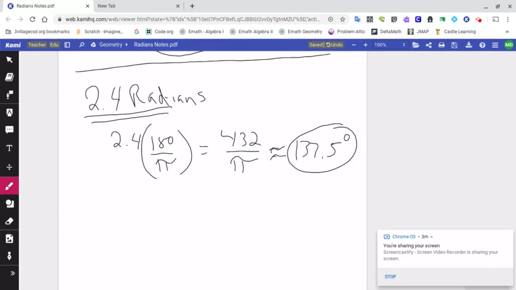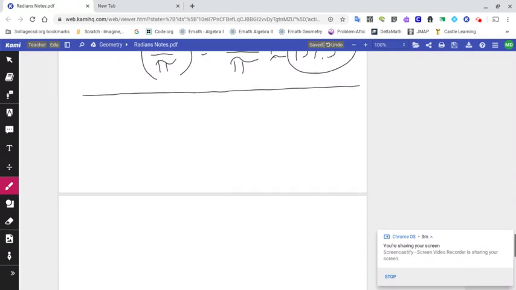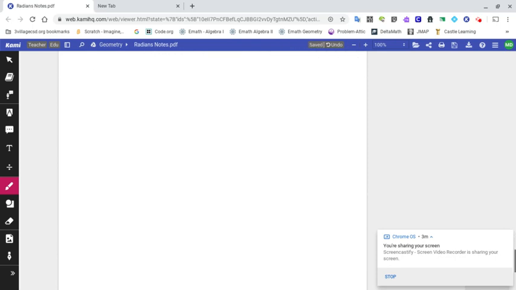Now, something else that we did up top when we first started the lesson was we assumed the radius was 1. You may be wondering, what happens if the radius is not 1? It turns out that all circles are proportional to each other. If I have a radius of 1, my diameter equals 2, which means my circumference is 2 pi.